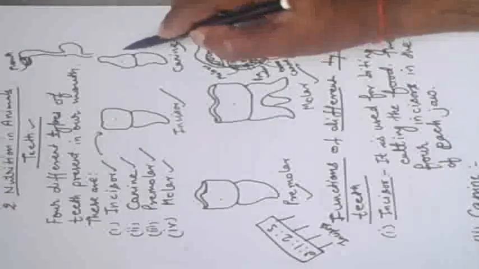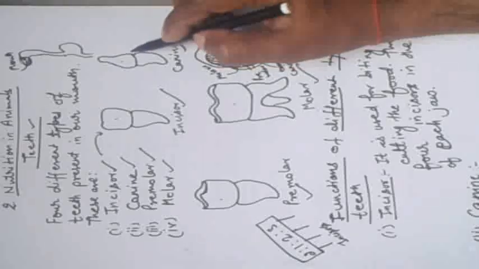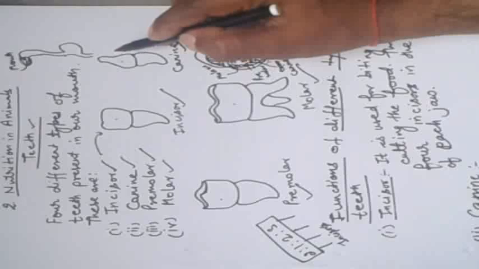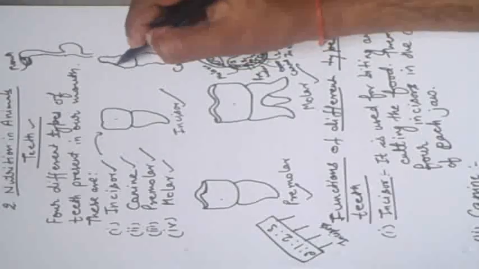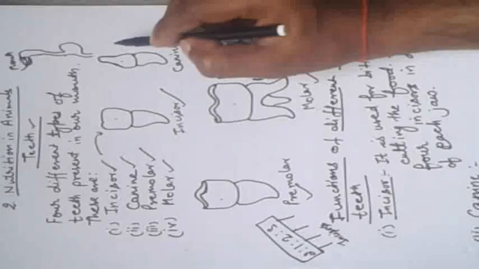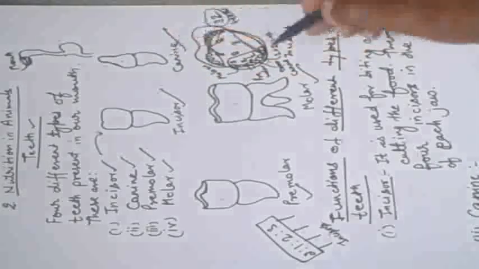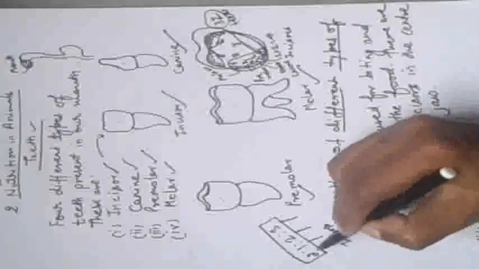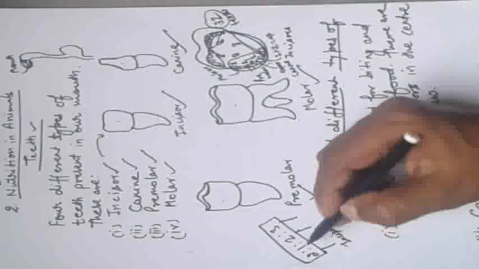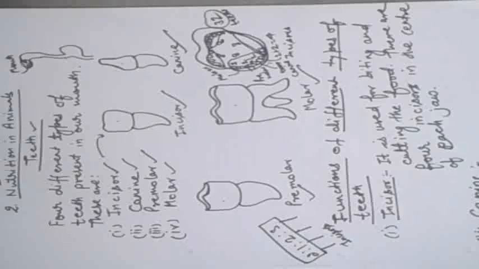It is a large and pointed tooth. The shape is pointed. Pointed teeth just behind the incisors, and they are used for piercing and tearing the food.